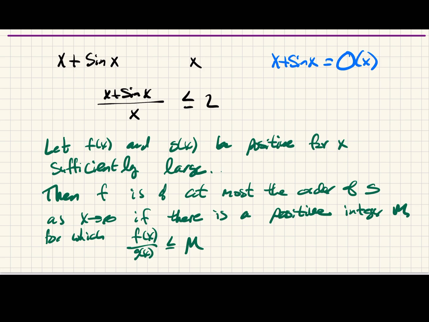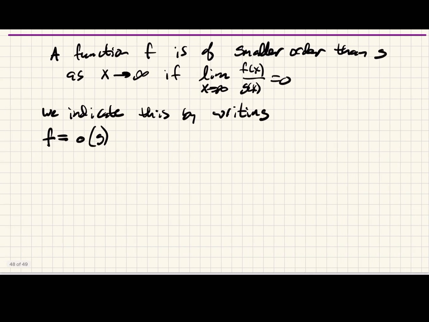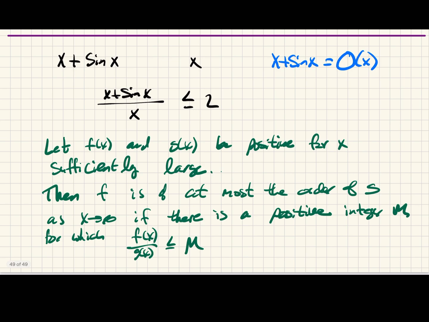It is of at most the order of g, because we found a bounding value for the quotient of the functions. So what are the two O's we've got? We've got a little o, smaller order, and we've got a big O, at most the order of g.